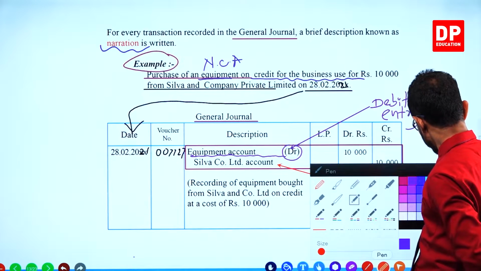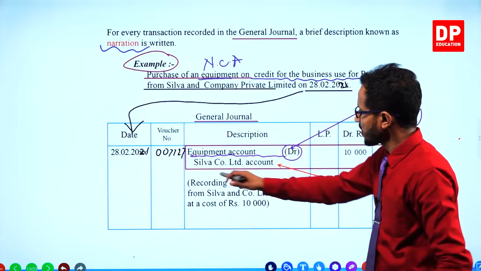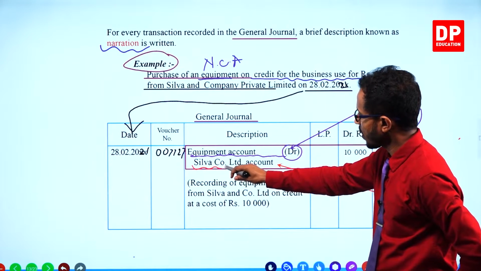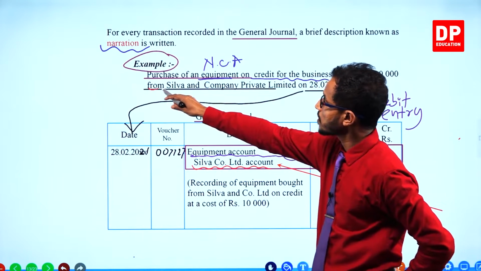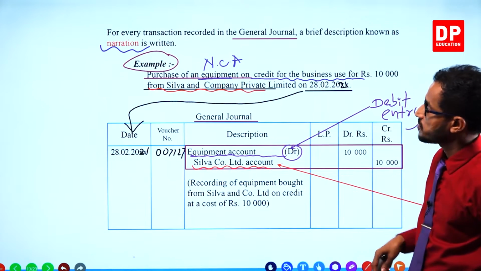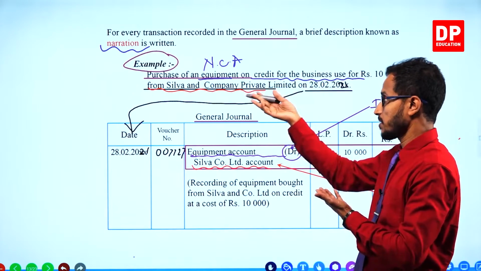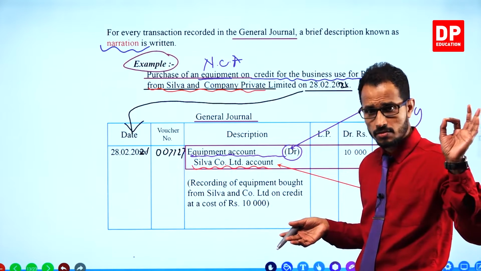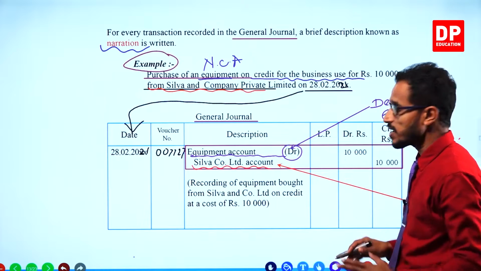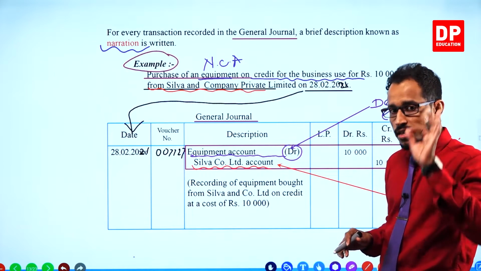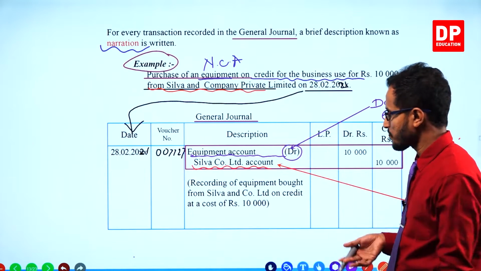And underneath that, the credit entry is given. Silva Company Limited, that is the creditor, the big private limited company from which we bought the equipments. It's done. See, the debit entry and credit entry are recorded as the double entry.